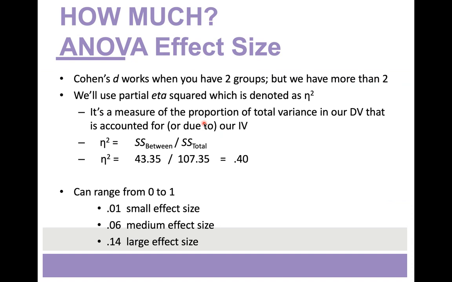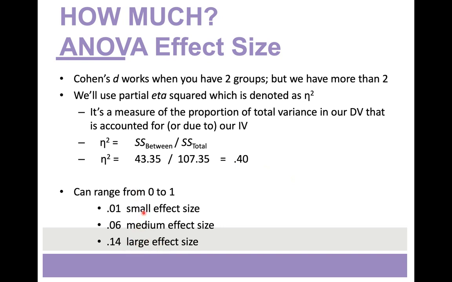So the first thing we need to do is take our sum of squares between divided by our sum of squares total. That ends up being 0.4. 0.4 is a large effect size for an ANOVA.